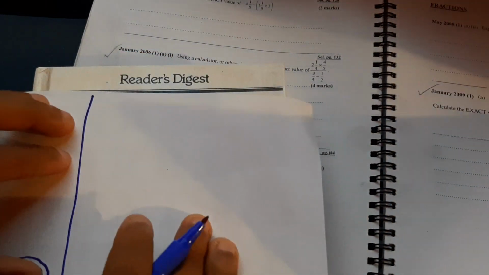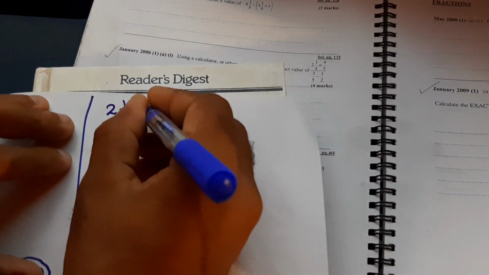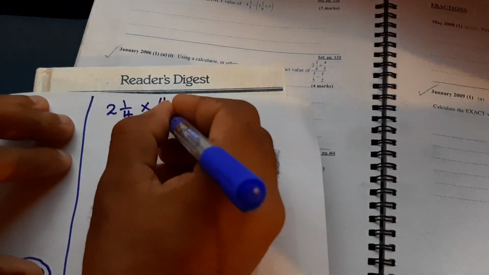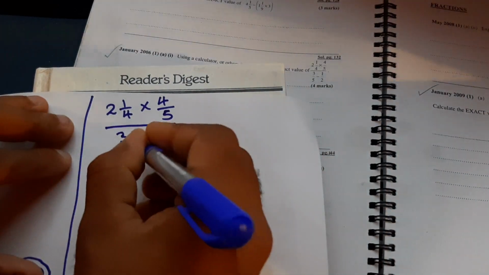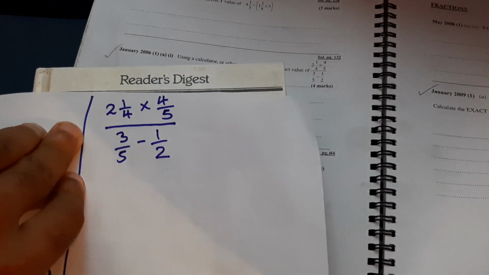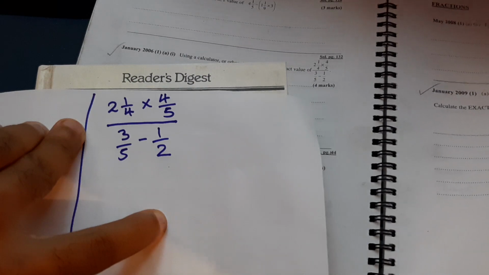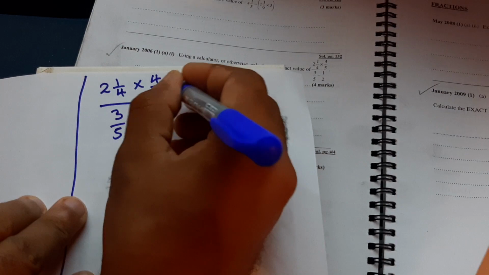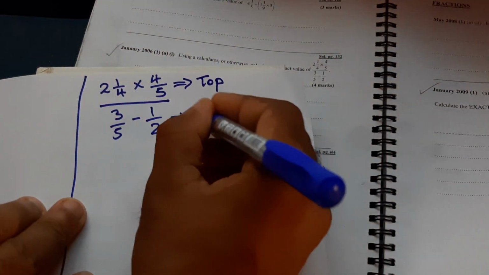With this question we have 2 1/4 multiplied by 4 over 5, all over 3 over 5 minus 1 over 2. If you realize, this question is a bit different from the ones we have worked before. Now let's see if we can identify what we have. We have a top, so I'm just going to label my fraction. I have a top and I have a bottom.